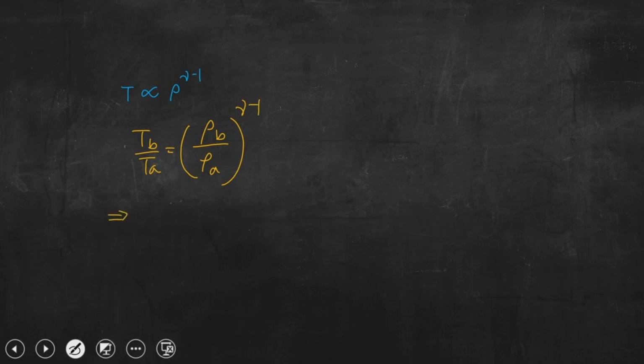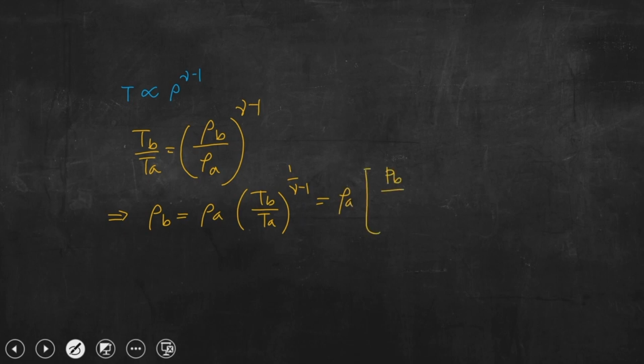So, we can write rho b is equal to rho a into (Tb by Ta) power 1 upon (gamma minus 1), that is rho a into (Pb by Pa) power (gamma minus 1) by gamma, into 1 upon (gamma minus 1).